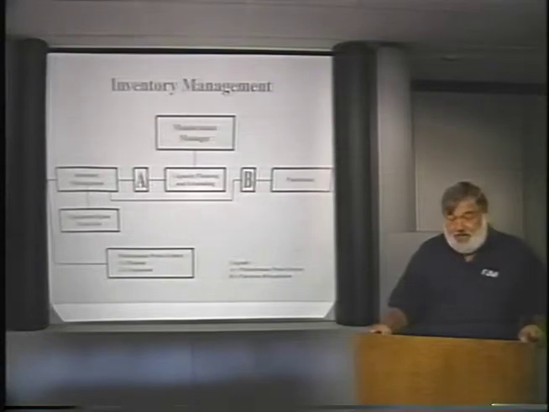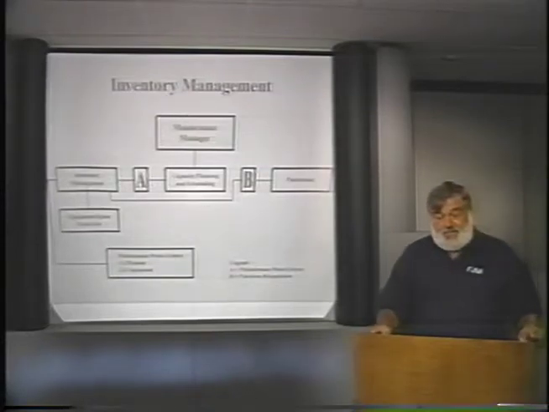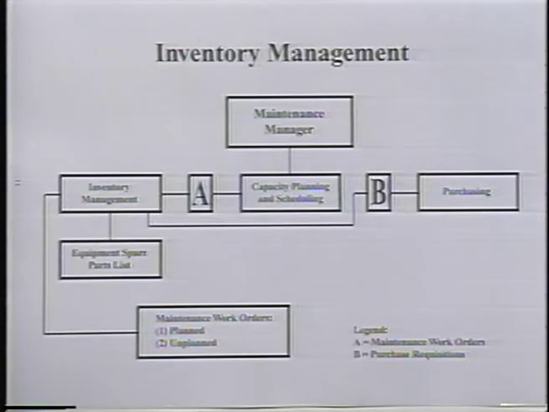If not, you notice there's a line coming out of inventory management, and it has a little box associated with it called B. That is really a purchasing requisition or a purchasing request going into purchasing. The box between inventory management and capacity planning and scheduling, A, are those maintenance work orders, and again they are identified as planned and unplanned.